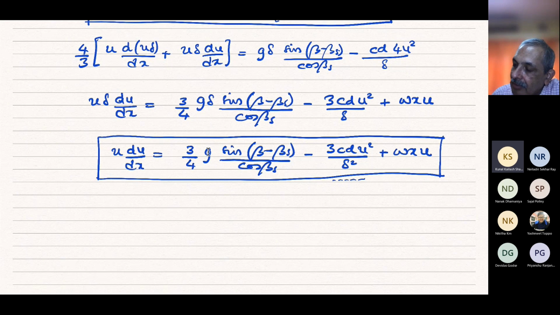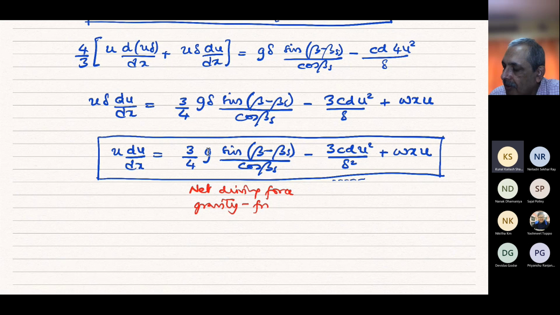Now if you look at what these terms are, you think of this as the net driving force, and it is essentially gravity minus friction. So gravity is driving the flow, and the friction in the flowing layer given by mu s is resisting the flow.